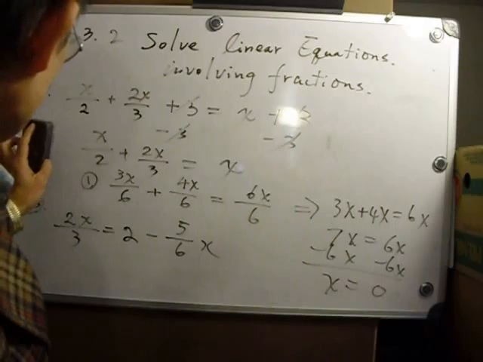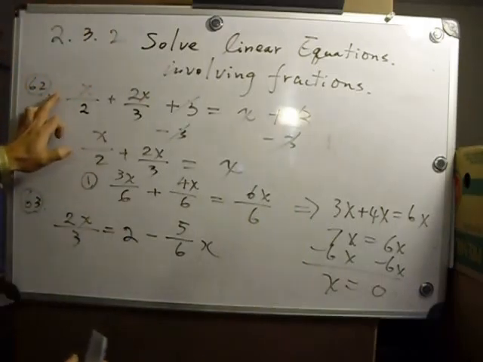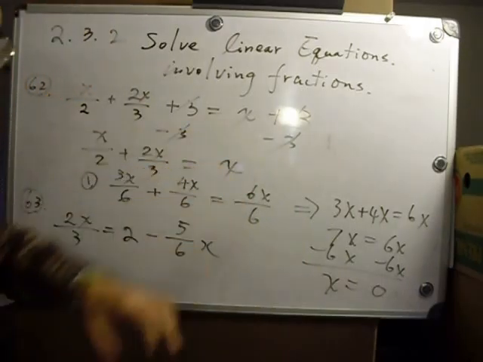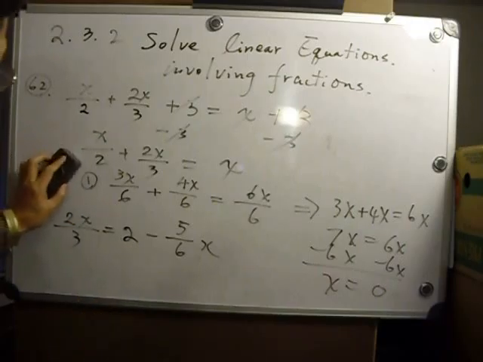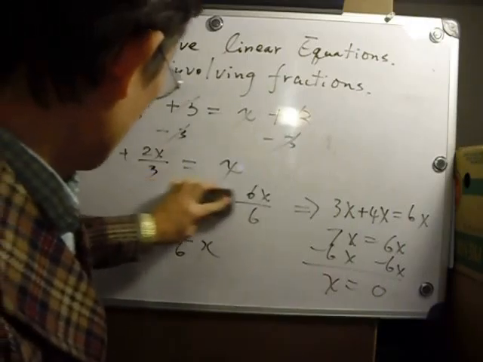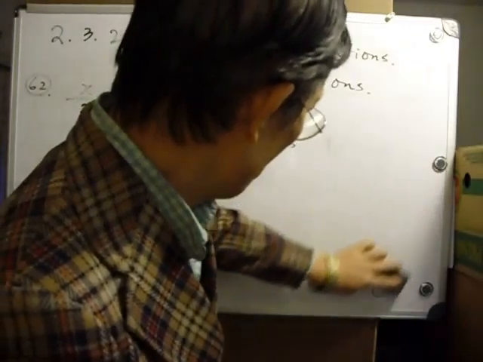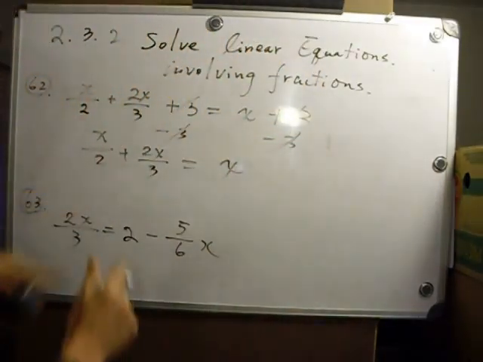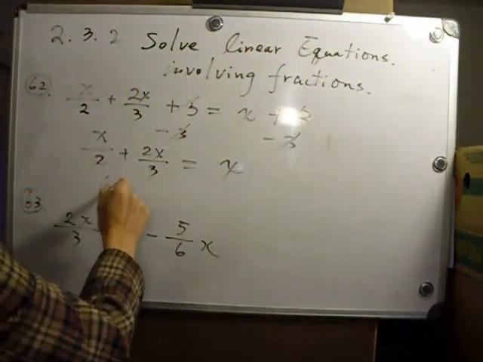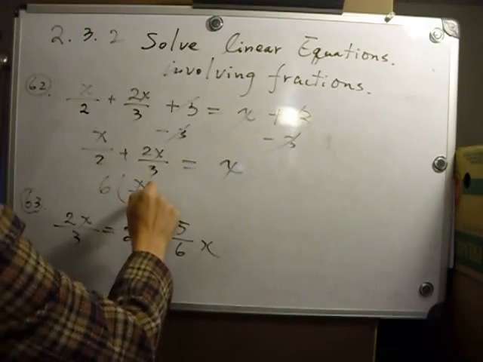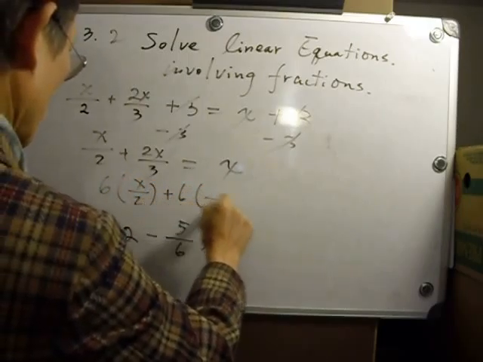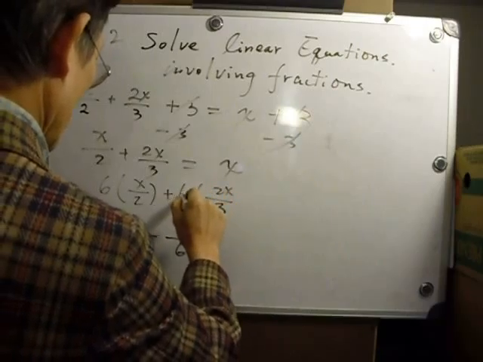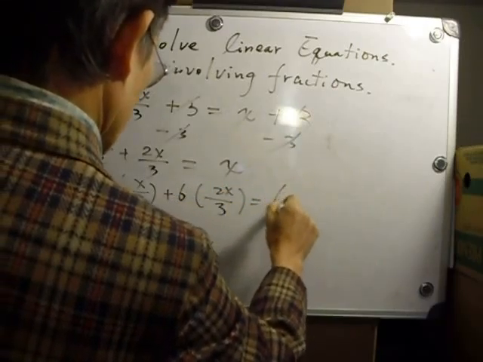If you use the other approach, you can multiply the LCD 6 by each term. At this step, let's erase that. If you multiply by 6, 6 times x over 2 plus 6 times 2x over 3 equals 6 times x.